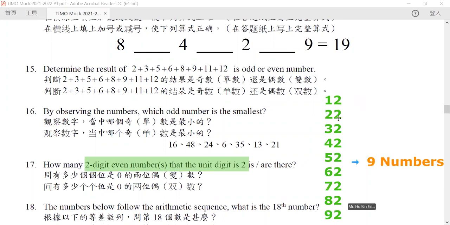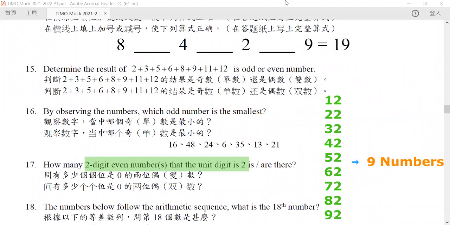These are all the numbers: 12, 22, 32, 42, 52, and up to 92. The next number, which would be bigger than that, would be 102. But 102 is bigger than this, and hence it is not one of them, right?